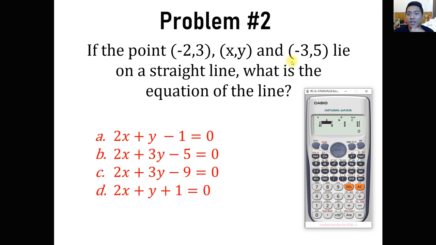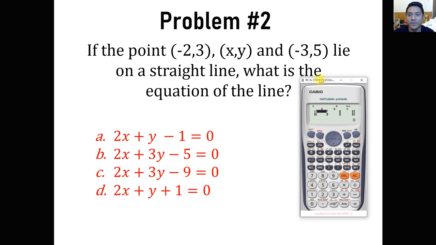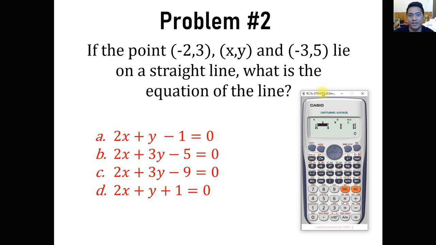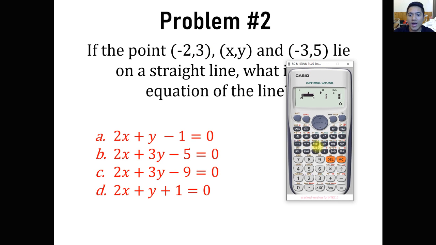So anyway, that line will intersect the x and y. So even if the given is x, y, I'll have to find the equation of the line using the two known points. So you have -2, then we have 3. Of course, I'm going to write 1 for the constant, and for the second point, we have -3 as x and 5 as y, and then I'm going to write 1 on the constant side.